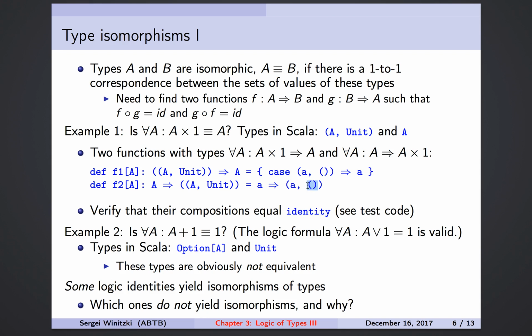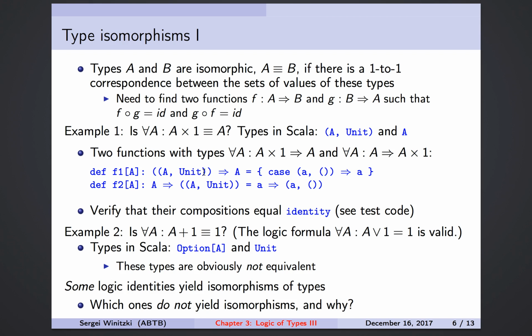So, does the composition equal identity? Well, it should, because we take this A, we put it into the A type, and then we take that A and put it back into the first part of the tuple where it came from initially.